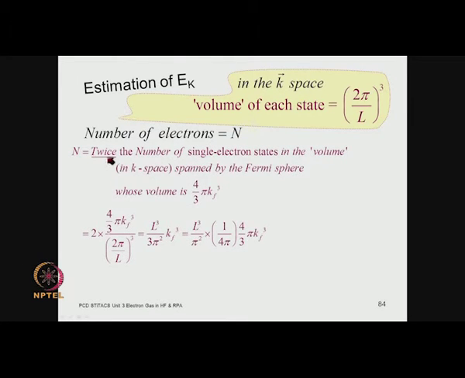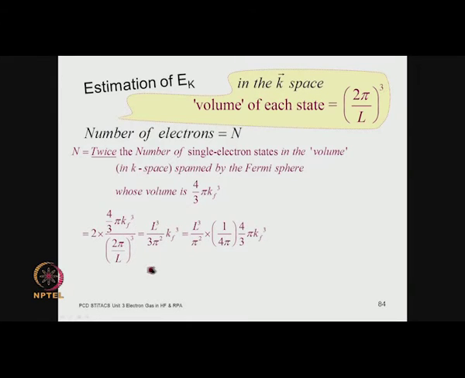So, this will be twice the number of single electron states in the volume spanned by the Fermi sphere, and this volume is 4/3 π k cubed, right. So, you have twice 4/3 π k cubed, which is this Fermi sphere, divided by the volume of each state, which is (2π over L) whole cubed.